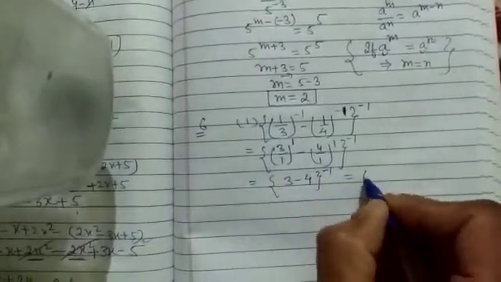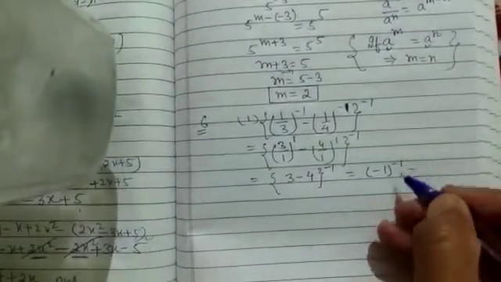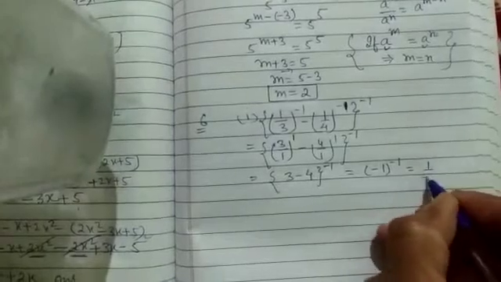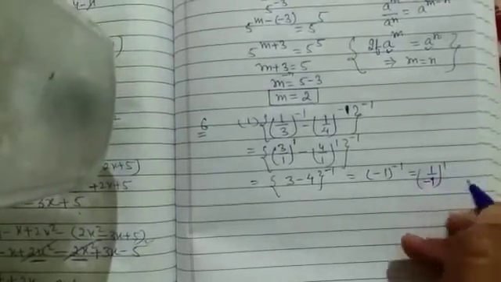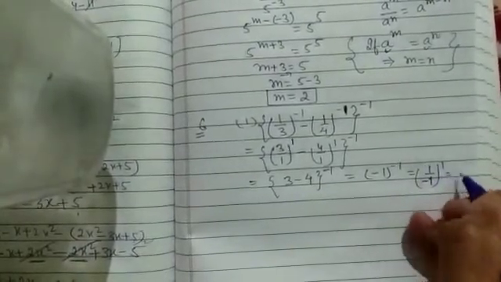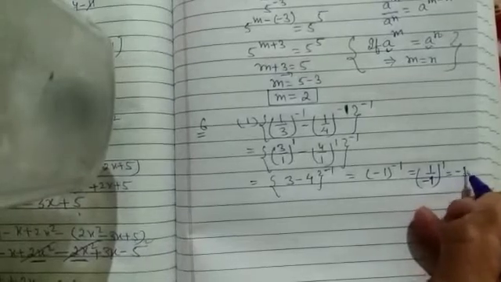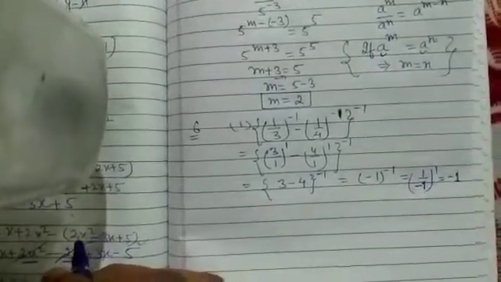Again this is 3 minus 4, which is minus 1 to the power minus 1. If we want to change the sign of the power, it will be 1 upon minus 1. Please be careful, to the power 1. So finally 1 upon minus 1 is minus 1 to the power 1, which is minus 1. This is a very good question. The second part, I think you can do.